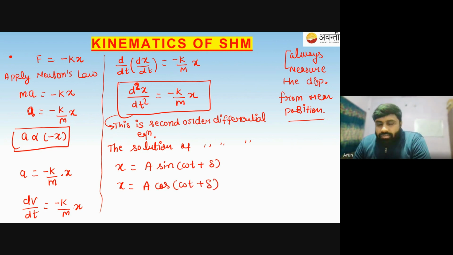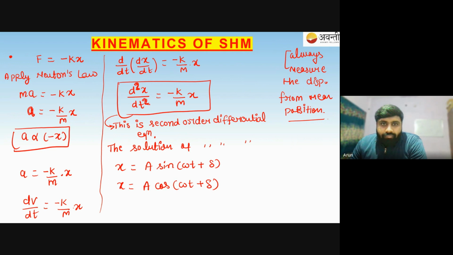Do not worry about where these sine and cos come from, because if you solve this equation, that will be in your second semester of BTech, if you do BTech, where you will learn engineering mathematics and how to solve these equations.